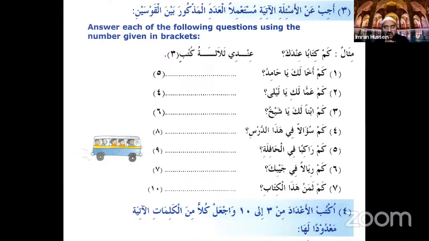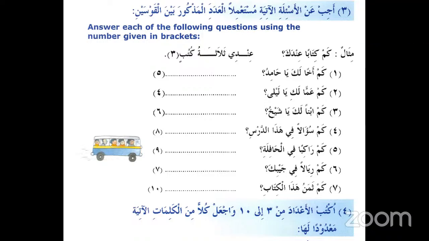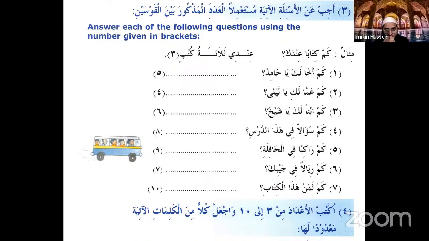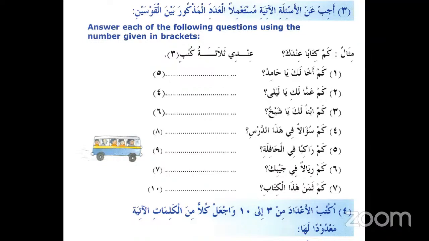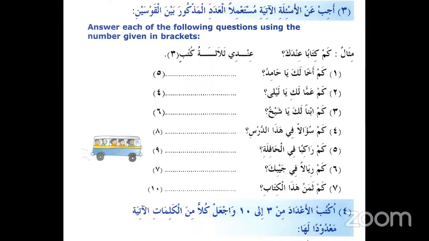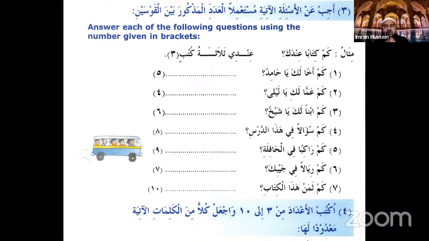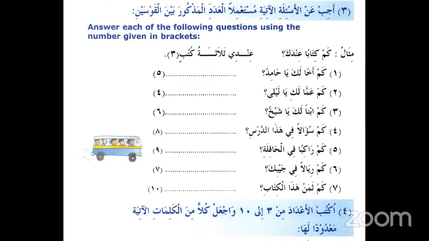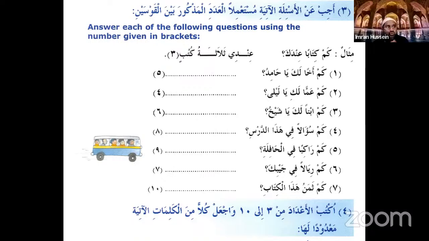So you say, in this lesson, في هذا الدرس, how do you say 8? في هذا ثمانية. ثمانية is 8. Correct. في هذا ثمانية درس. No. What's the plural of dars? ثمانية دروس, sorry. Correct. في ثمانية دروس. Correct.